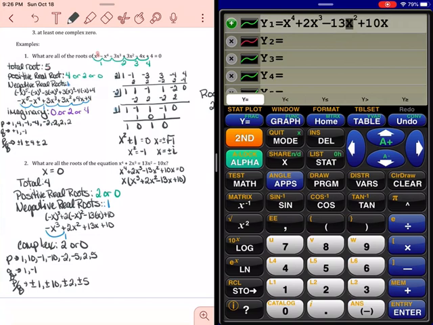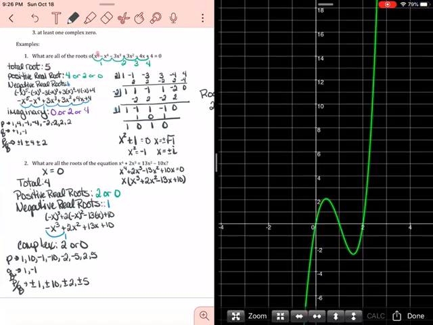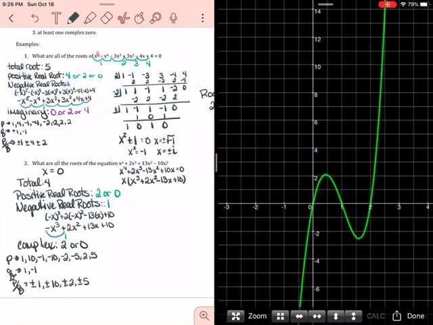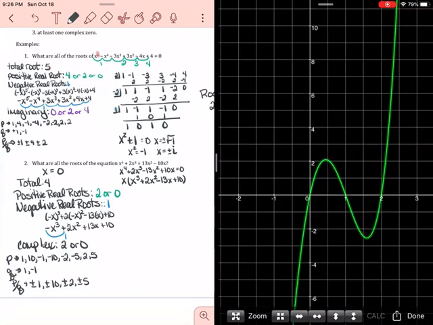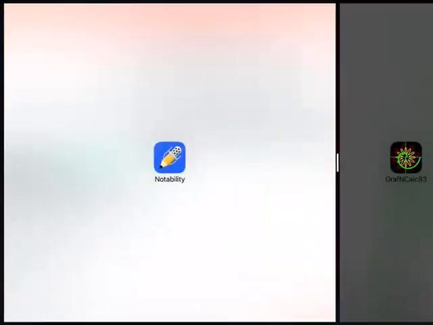That's 13. I knew something was wrong. Okay. All right, so you see that 0 is a root. There it is. Okay, and it looks like 1 and 2, which are both on our list, are factors.